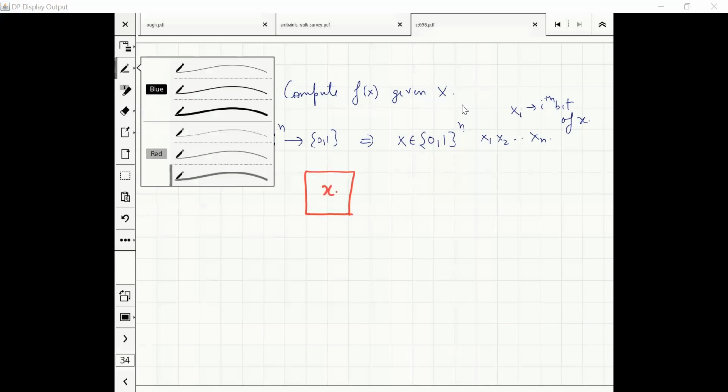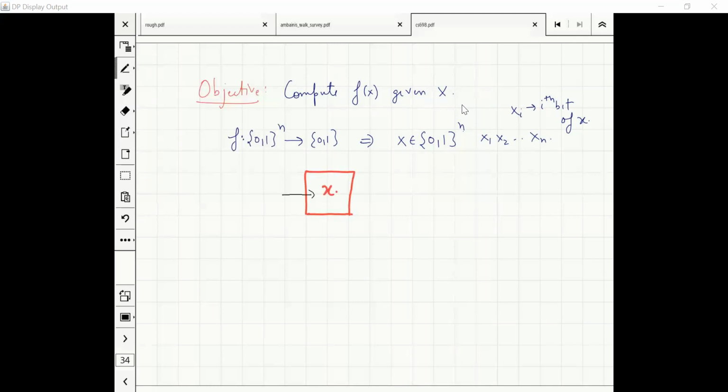If you give it an index i, it will churn out value xi. And in this complexity model, you want to compute f of x, but minimize the number of queries to this black box.